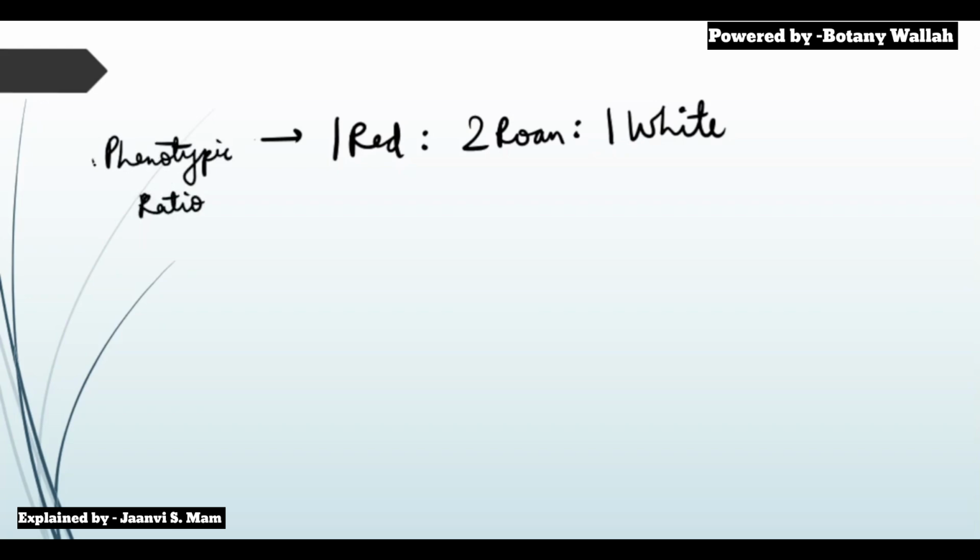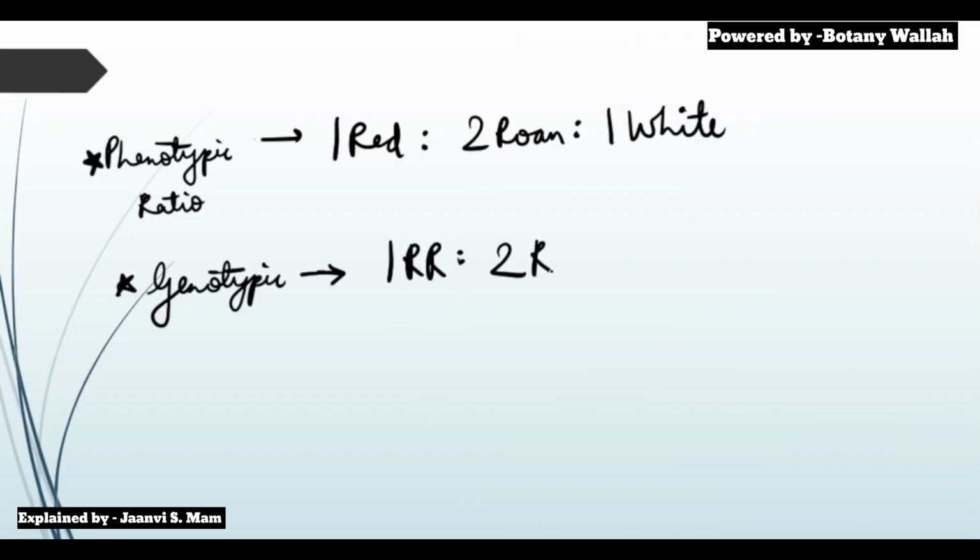Okay, and if you go with the genotypic ratio, here you get 1 capital R capital R is to 2 capital R capital W is to 1 capital W capital W.